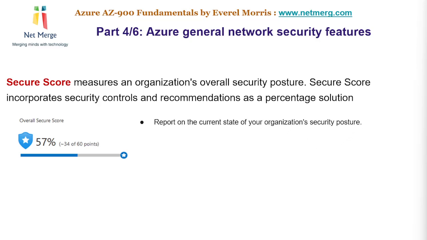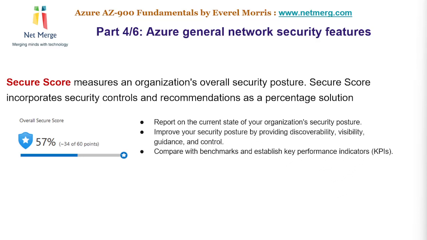Now, it can report on the current state of your organization's security posture. It can also improve your security posture by providing discoverability, visibility, guidance, and controls that you could implement or work on. It compares to the benchmark and establishes key performance indicators, KPIs, for you.